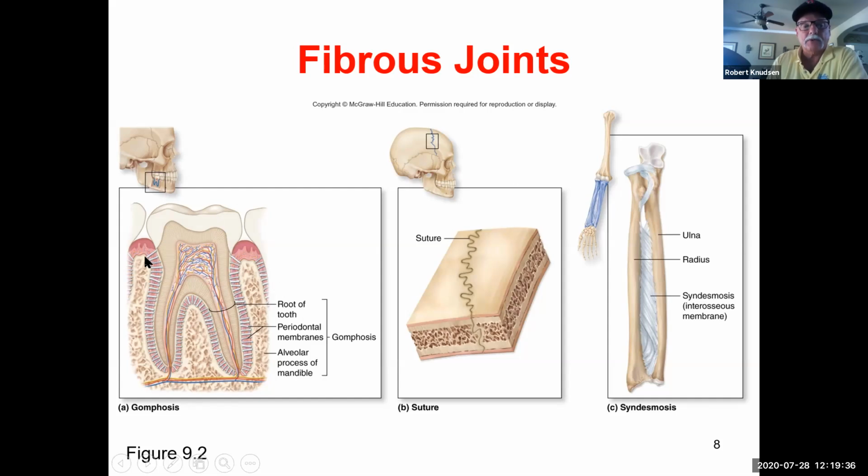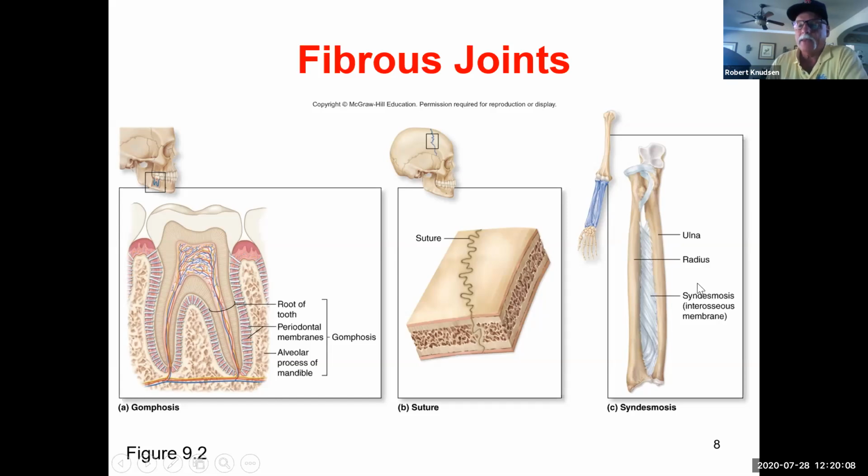Gomphosis, gum, teacher. You see these little things right here? Those are periodontal ligaments. That's what holds the tooth in that socket. And what is that periodontal ligament made out of? Dense regular. Here's the suture. What you don't see is there's dense regular tissue around this joint holding it in place.